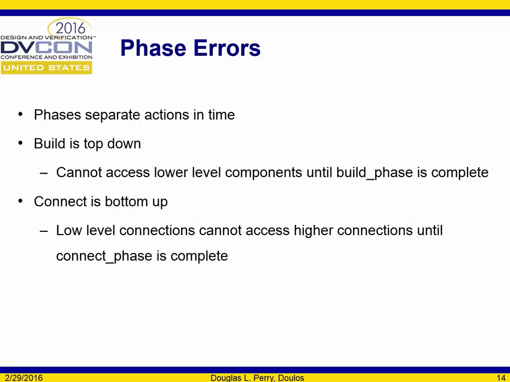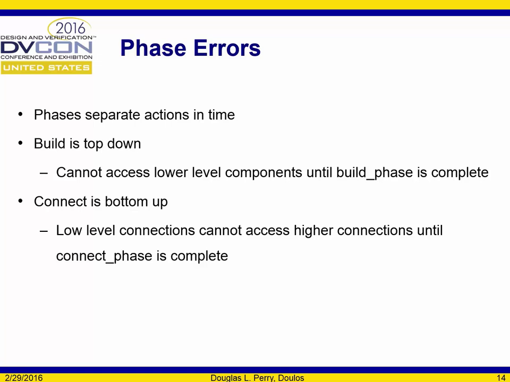The other thing, like I was talking about earlier, is that a lot of the students don't seem to understand what phasing really is or how phases are used. As we talked about, phases separate these actions, build, connect, etc., in time. Build is top down and connect is bottom up.